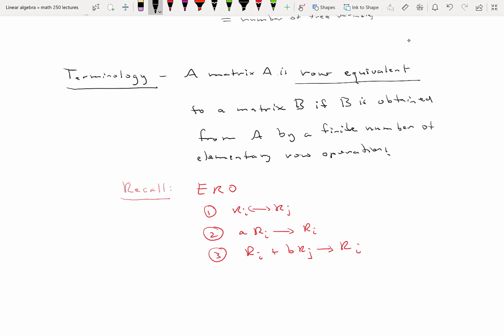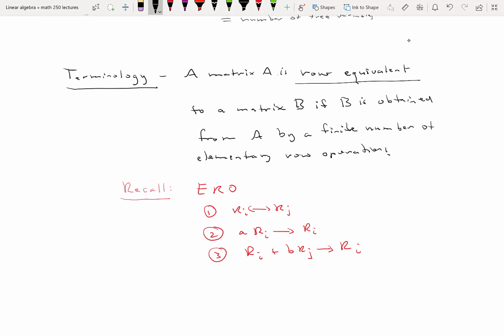Okay, so let's take a look at some terminology before we dig into our second subspace related to an m by n matrix. A matrix A is row equivalent to a matrix B. I think we've seen this terminology before. A matrix A is row equivalent to a matrix B if B is obtained from A by a finite number of elementary row operations, those same elementary row operations that were used in Gaussian elimination and the Gauss-Jordan method. Just as a reminder, we can switch rows.